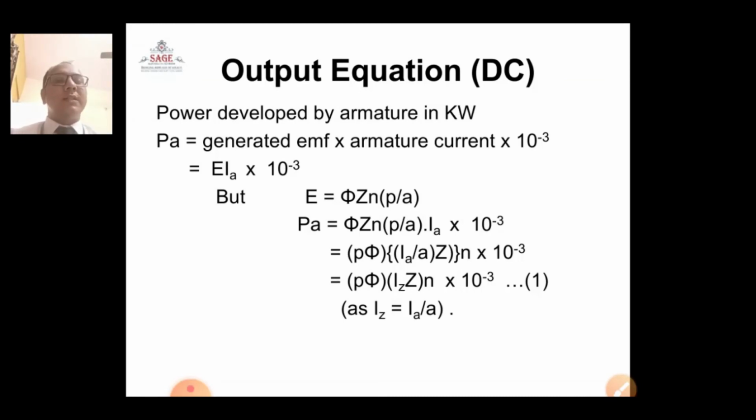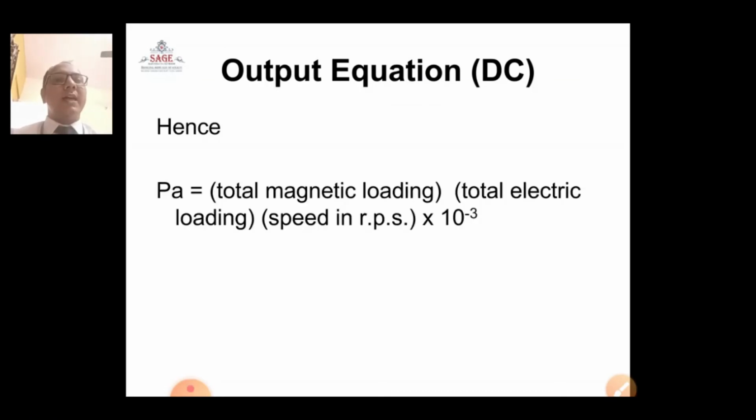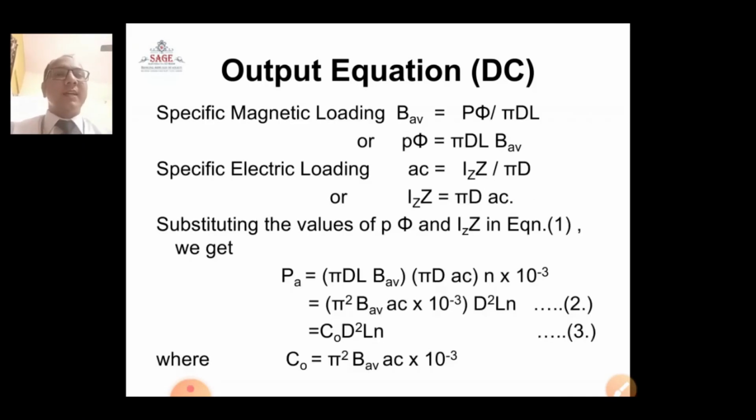So from the design point of view, what is power? Power is a product of total magnetic loading in the machine and total electric loading in the machine multiplied by speed in RPS. I think it looks quite simple now. Let us see the final derivation part for DC machine.